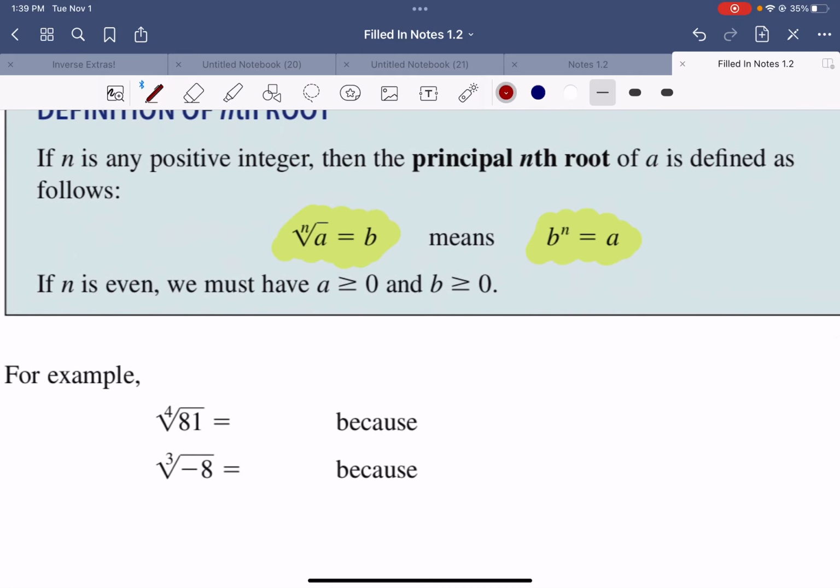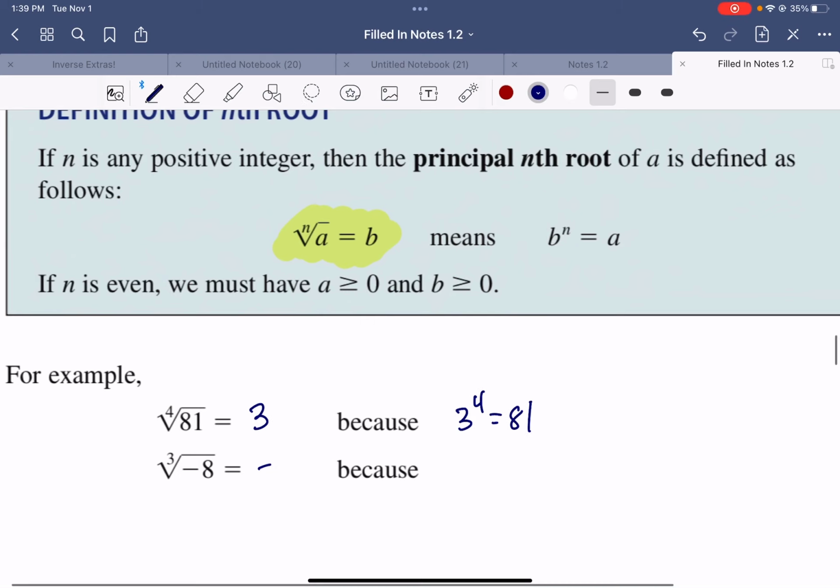The fourth root of 81 is equal to 3 because 3 to the fourth equals 81. Similarly, the cube root of negative 8 is negative 2 because negative 2 cubed is equal to negative 8.